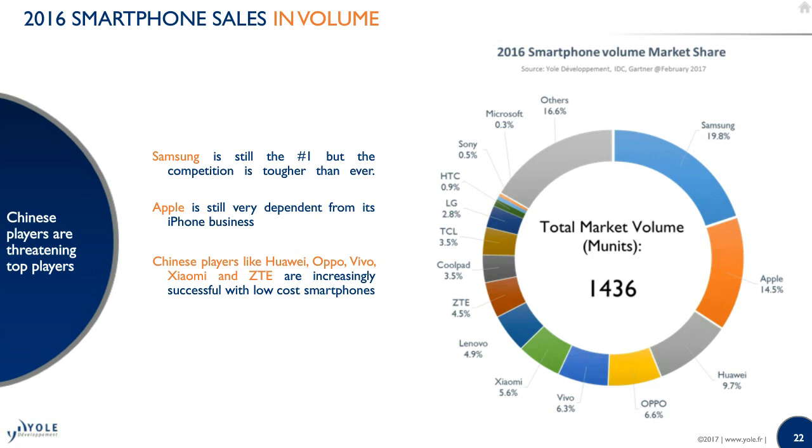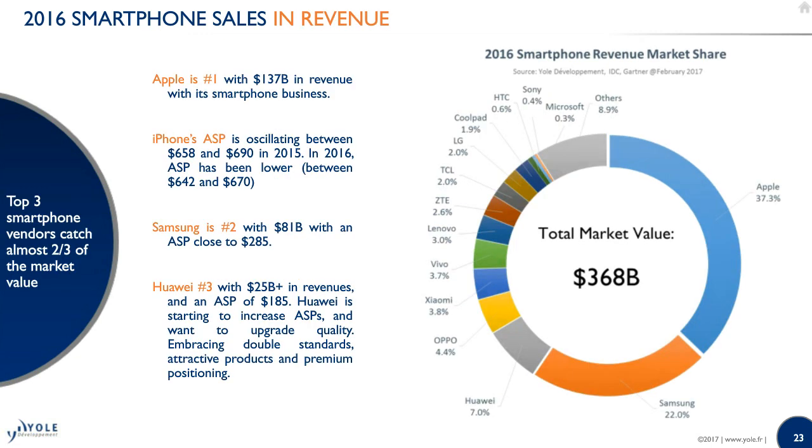And now if you would look at the same plots, but from a revenue perspective, then of course the picture will look different. We all know Apple is very successful in having some very high-end branding of the systems. So if we look at the market value, we think that the smartphone market was something close to 370 billion last year.